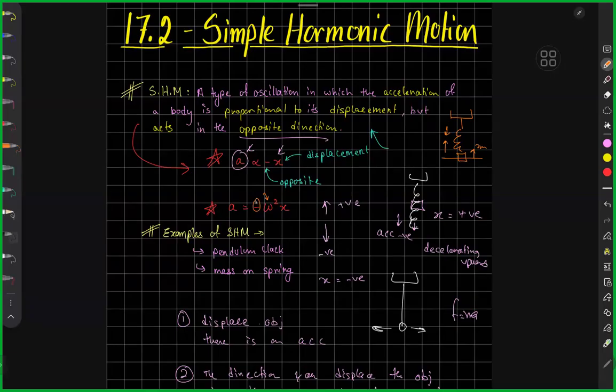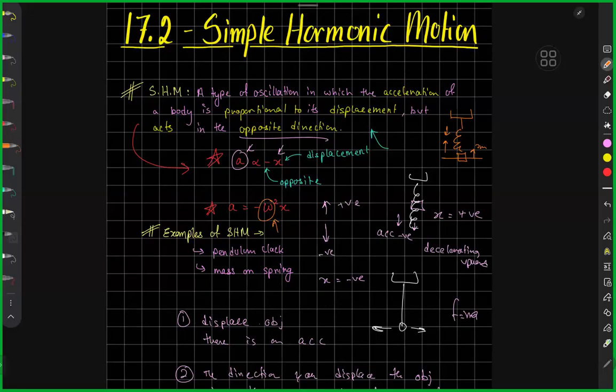And negative is already here from the proportionality, but what we introduce is omega square. Now, the proof that it is indeed omega square is going to be shown down below when we do the derivation.